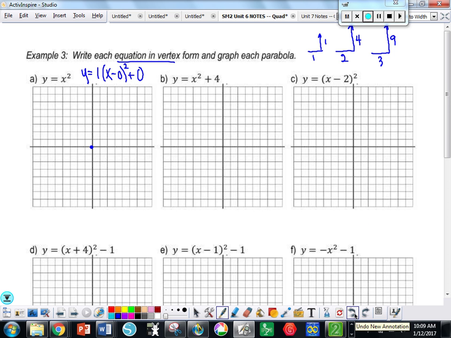Okay, so from the vertex, I go over 1, up 1 on both sides, right? Go back to the vertex, go over 2, up 4 on both sides. The rule is you keep plotting points until you run off the graph. If it's slightly off the graph, I like to put the 1 more on there just to make it pretty.